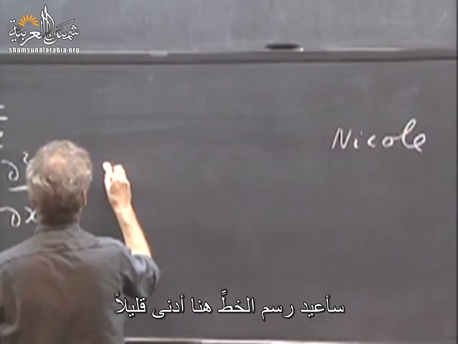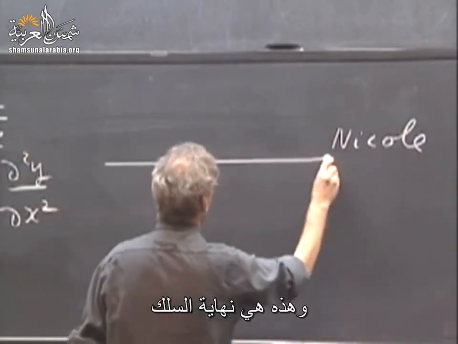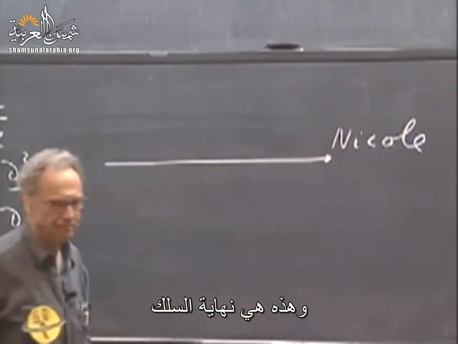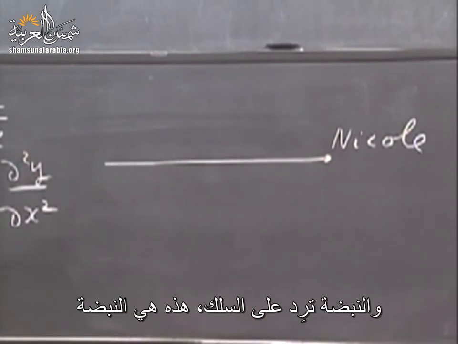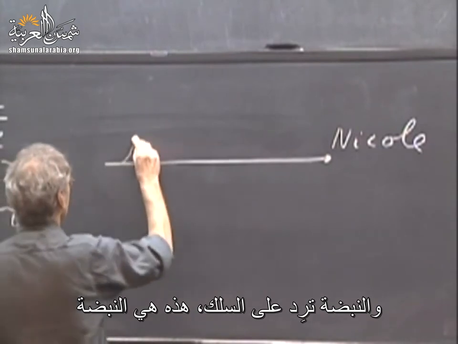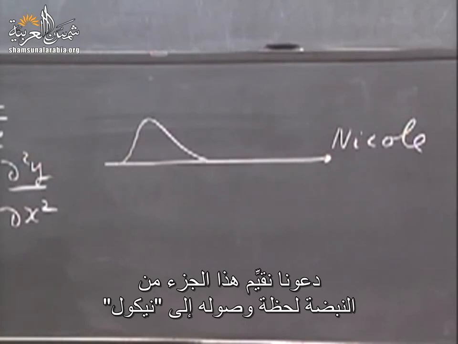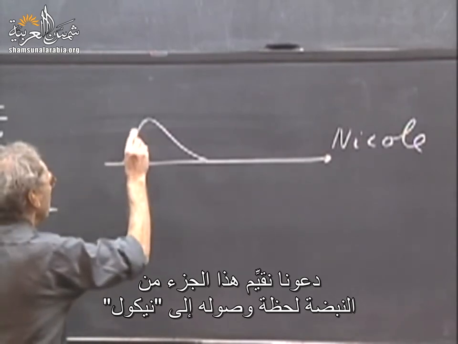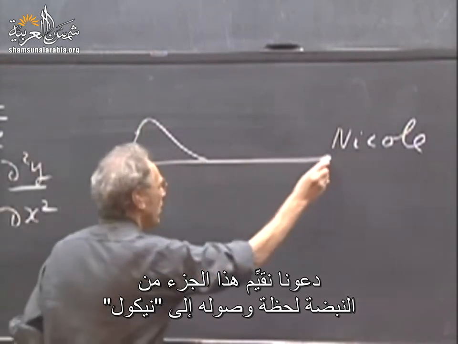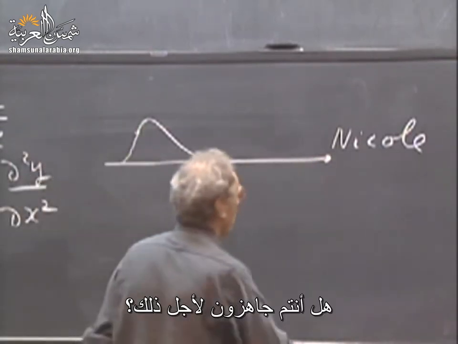This is the end. And my pulse came in. This is the pulse. And let us evaluate the moment in time that this part of the pulse reaches Nicole. You ready for that?